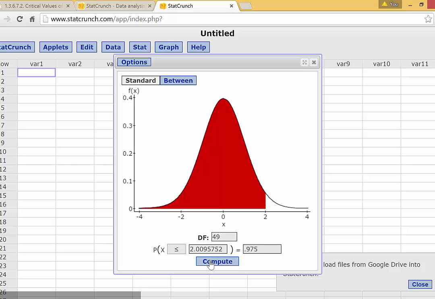Now click Compute, and this looks like the picture that we drew a second ago, except the left tail doesn't show, but that's all right, because the t-distribution is symmetrical. All we really need is this t-value here, which, when we round it to 3 decimal places, would be 2.010.